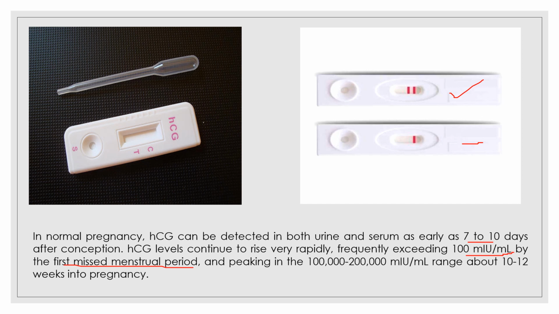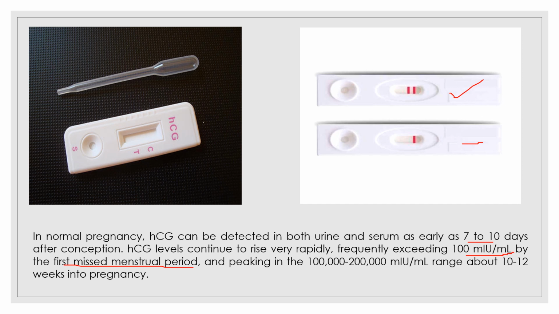After ovulation, at the 14th day, there will be fertilization, and after the 14th day there is a time for menstrual bleeding. If the pregnancy happens, there will be no menstrual bleeding, the period will be missed. The mother becomes aware of the pregnancy when the period is missed. So at that time already 10 to 14 days have gone. If the mother performs the pregnancy test then, the HCG level is very high, 100 milli international units per ml.